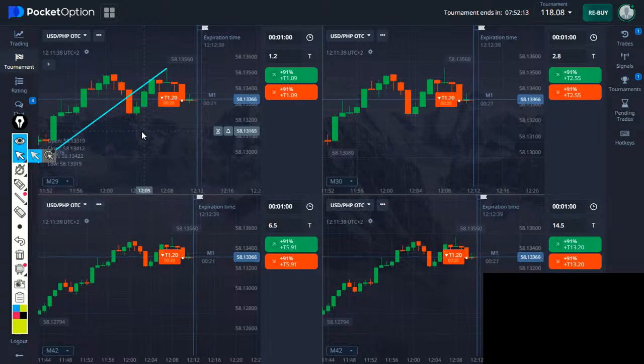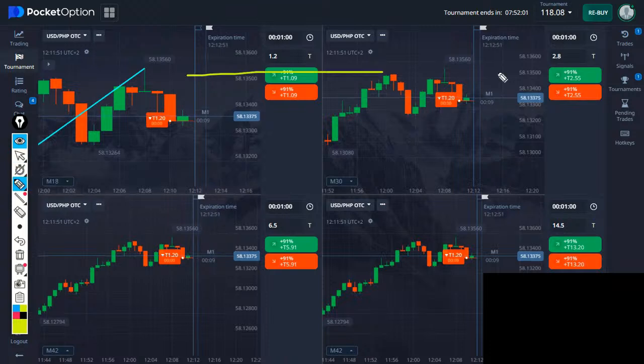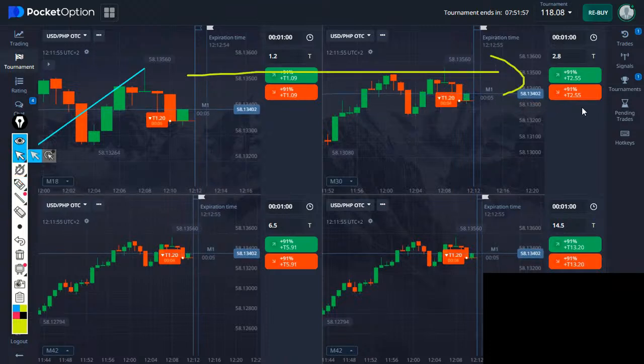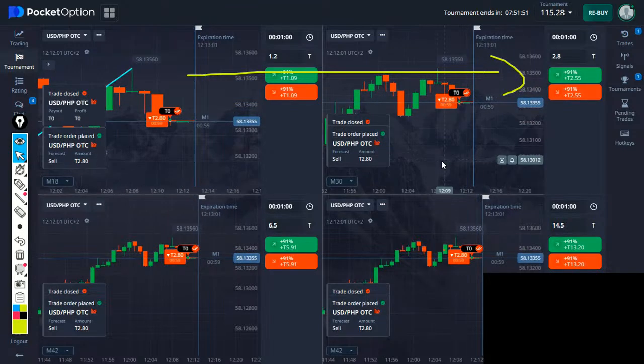Come on. If it's a loss, we will use the second stage of our martingale. It's a loss, we go for a sell as well.